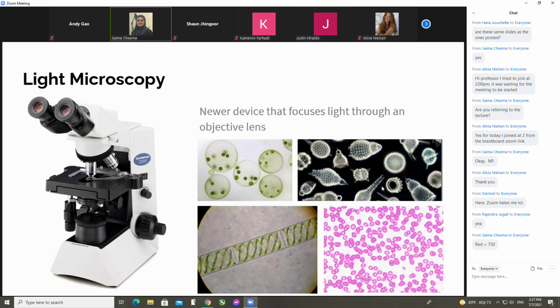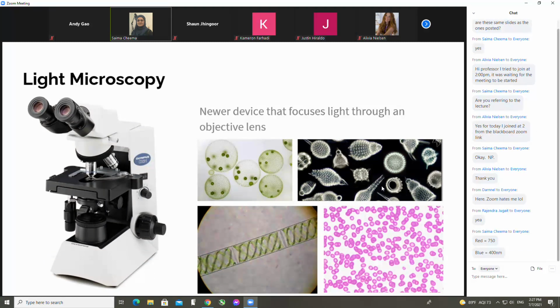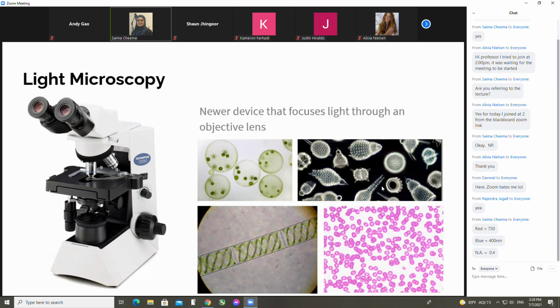Okay. So let's say red is, the wavelength is 750 nanometers, and blue, let's say just 400 nanometers. Okay, so that's the wavelength. And the numerical aperture for this objective is, let's say, 0.4, okay?